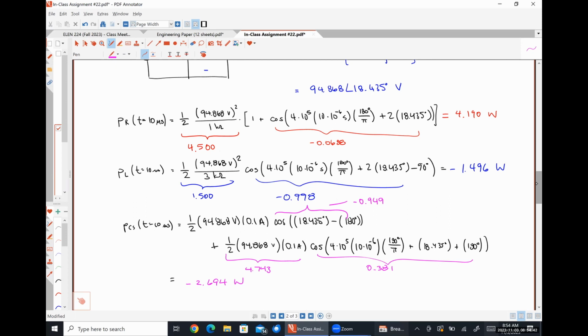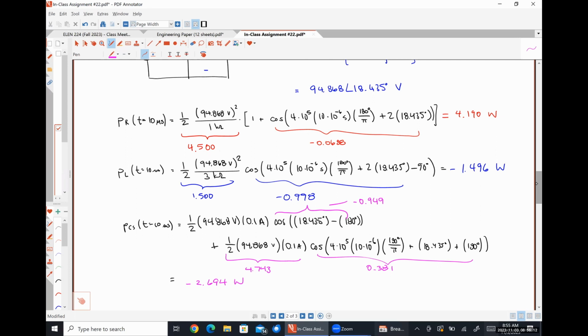So we need to be very careful and remember to apply conversion factors where appropriate so that our calculator isn't just giving us nonsense, right? Because the calculator is not going to tell you, hey, this angle was in degrees, this other one was in radians, you shouldn't add them together. It's just going to give you a number based on what you put in, right? Your calculator is only as smart as the person entering the numbers into it. So you've got to pay attention to the unit of your angle.